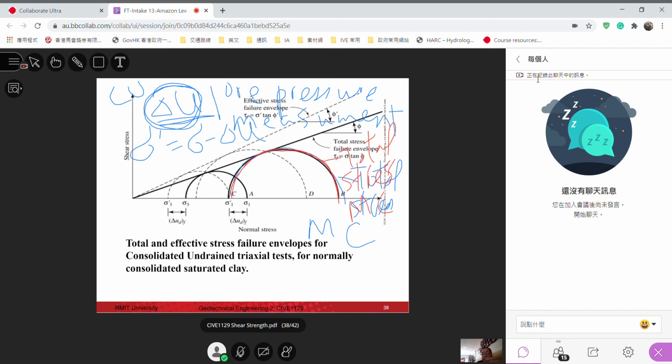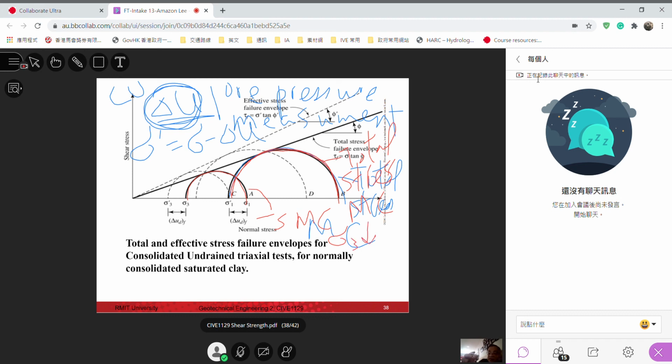Now again, we will do it at different confining pressures. Say, we just show you 2 in here, otherwise the figure will be very busy and difficult to see. Say we have an initial total stress Mohr circle with lower sigma 3.